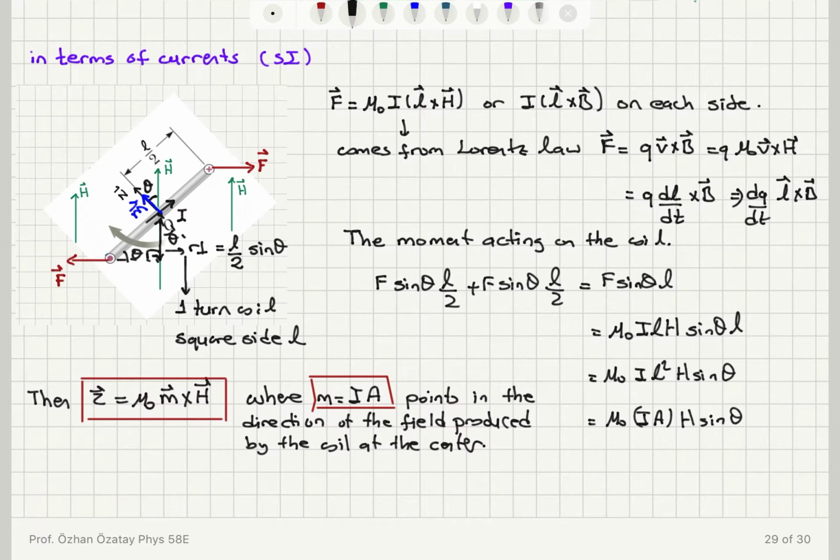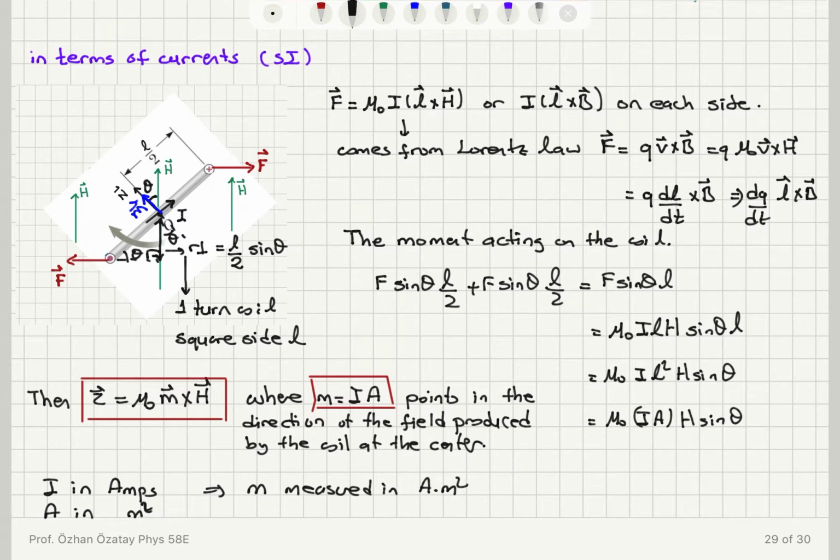So because I is in amps, the area in meters squared, we have m measured in ampere meter squared. So that's the SI unit.